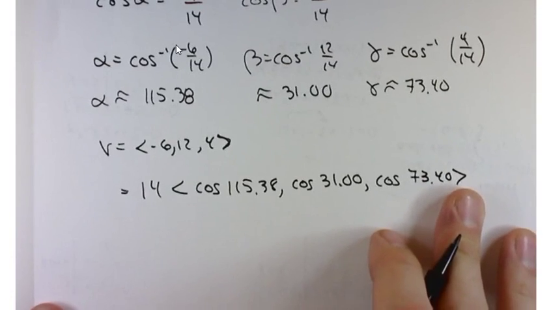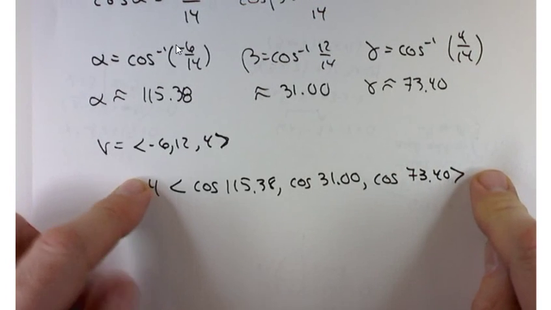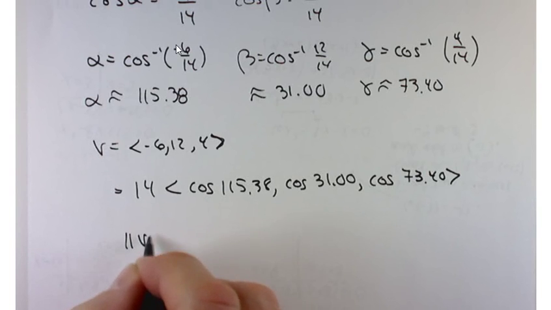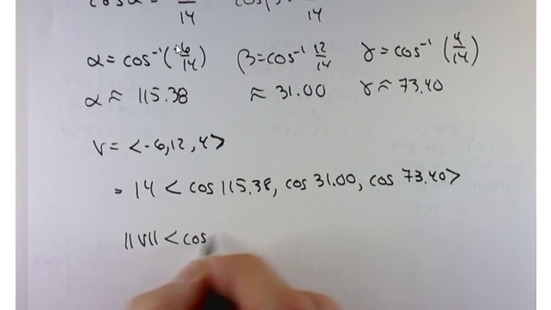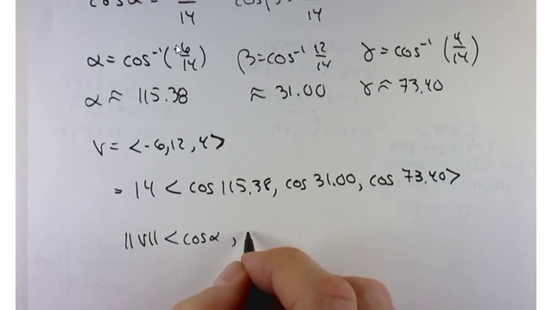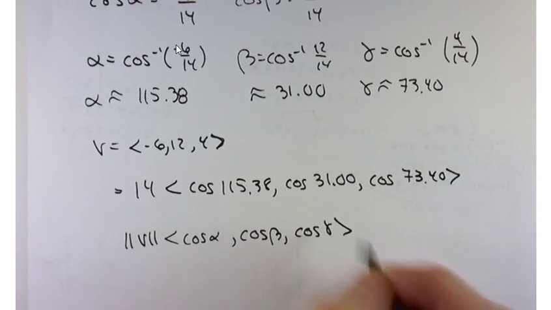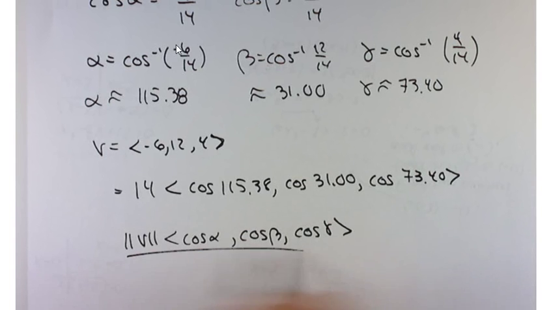On an exam, if I gave you a problem like this, I'd tell you that I want your vector written as the length of v times the cosine of alpha, cosine of beta, and cosine of gamma. So that's probably how I'd ask to see it written, just like we have it written right here.